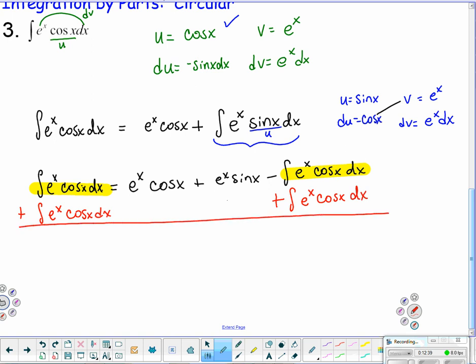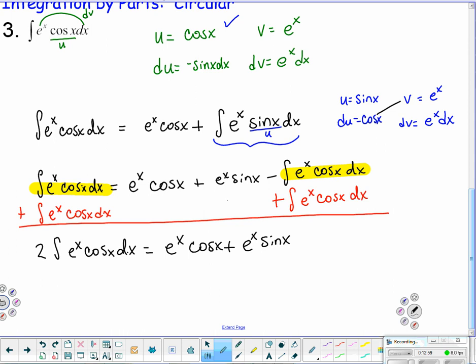and ask you, how many integrals of e to the x cosine x do I have? And the answer would be, you have 2 of those integrals. So I put a 2 out front. And I have e to the x cosine x plus e to the x sine x.